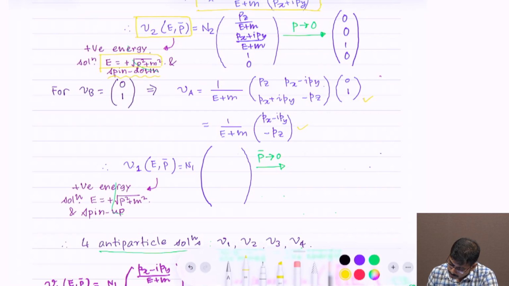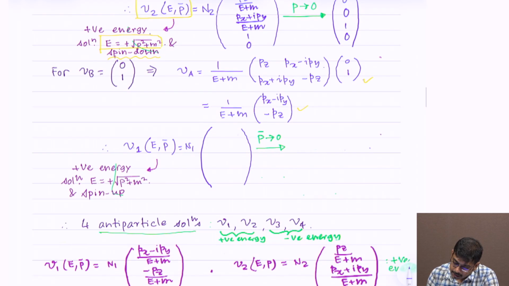This is exactly how the form looks: 1 by E plus M, Px minus iPy, minus Pz. So, if I now put the value of Vb together, I get the full spinor, and this is going to look like Px minus iPy by E plus M, minus Pz by E plus M, and this is 0 and 1.